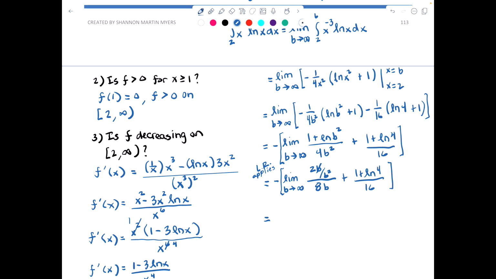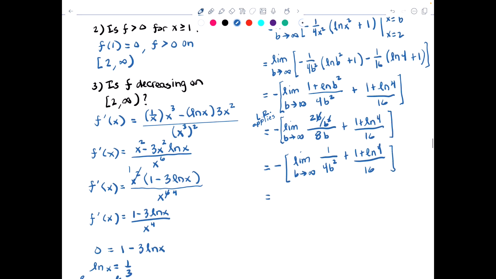This b cancels out, and that one goes to b to the 1. And so we'll get negative limit as b approaches infinity of one over 4b squared, with a bit of simplification, and then plus 1 plus natural log of 4 over 16.